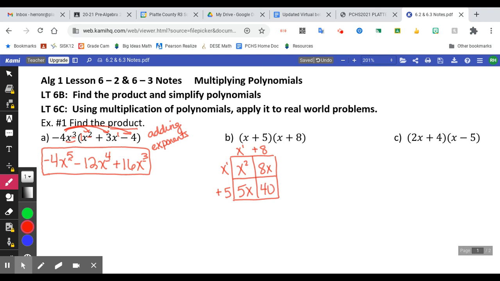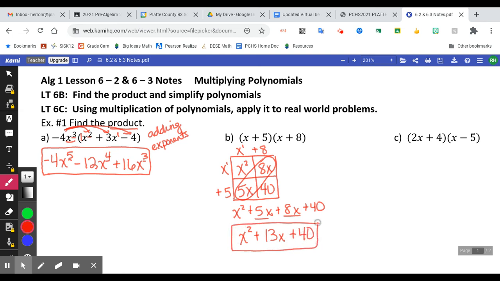So if you look, you have x squared plus 5x plus 8x plus 40. So diagonally are always going to be the terms you have to combine. These two need to come together. So I've got x squared plus 13x plus 40. And that gives me my answer.